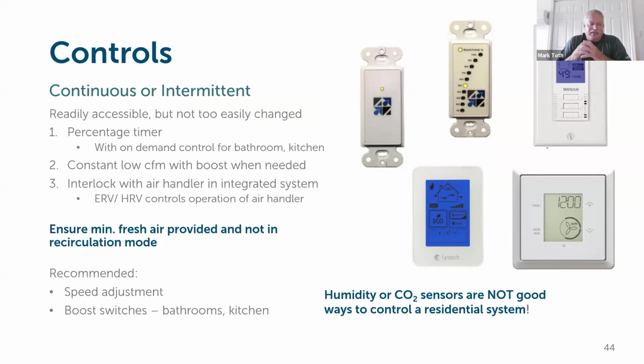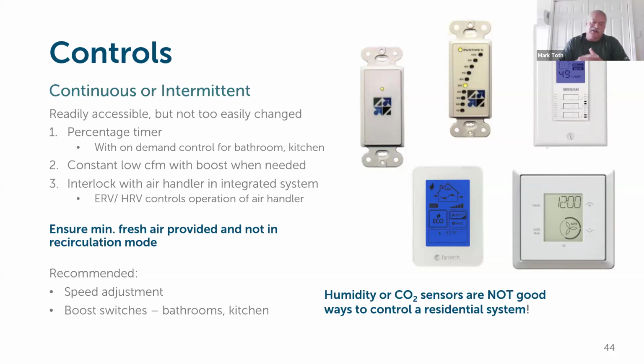In general, for a house, either intermittent operation or constant low speed with a boost is the best way to do it. CO2 sensors are great for applications where we have a lot of people, but a lot of times a CO2 sensor will not ventilate a home enough because we don't always have high CO2 levels.